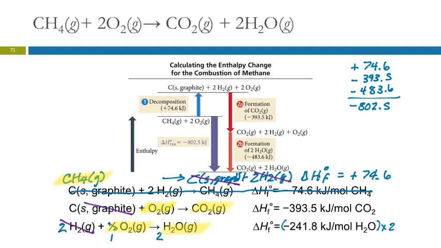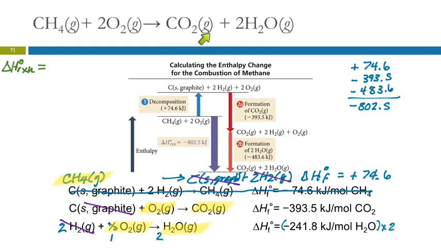Then there's also that kind of scary looking equation with the big summation signs. That actually ends up being a little simpler. So the standard heat of reaction, we're going to take the heats of formation for the products.